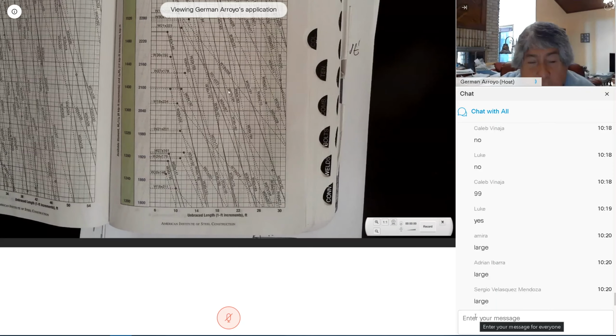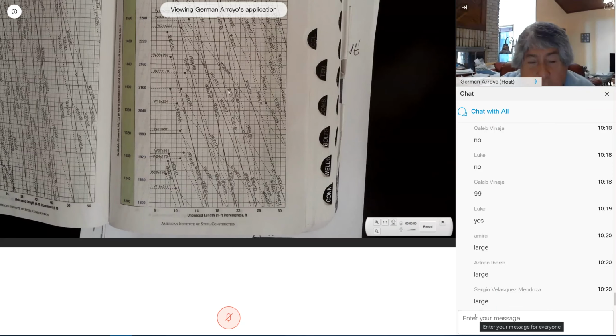So for the 36 by 160 with 1950 approximate, anybody else? 1884. Okay, so this is an approximation. You know, your eyes are better than mine or worse, but this is what I did. W36 by 160, and I came about 1896. Right?